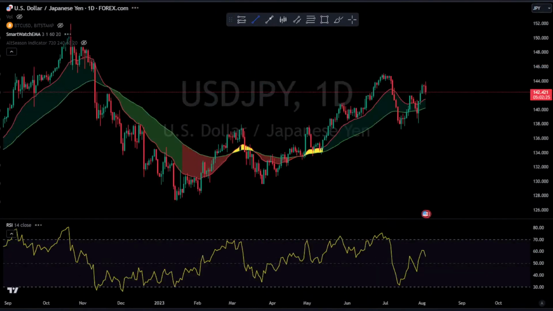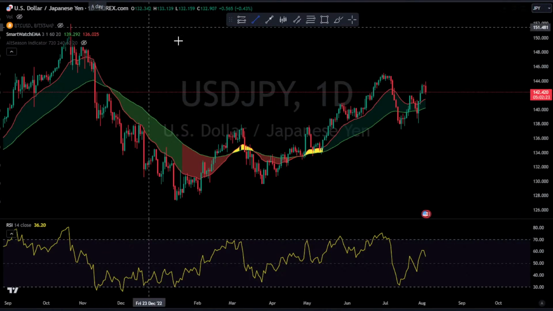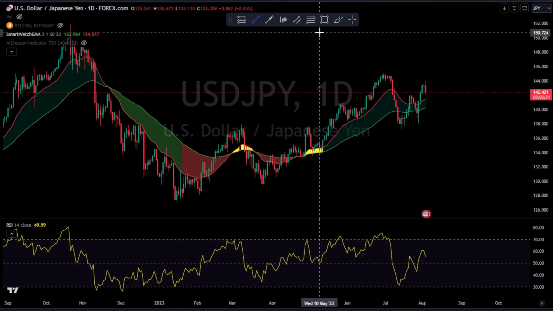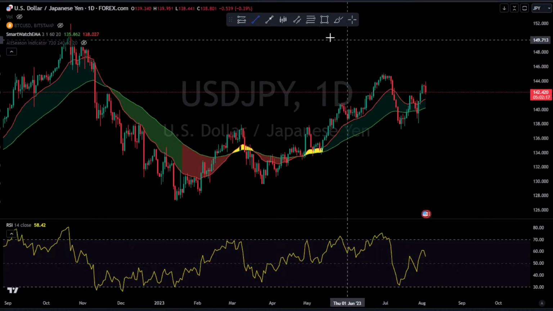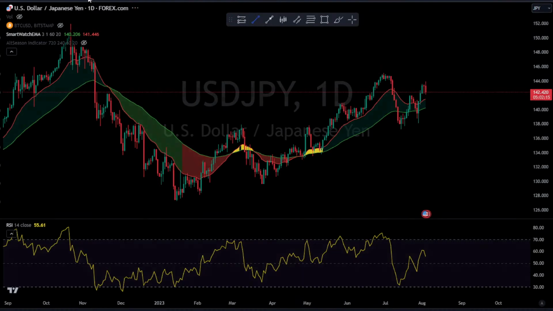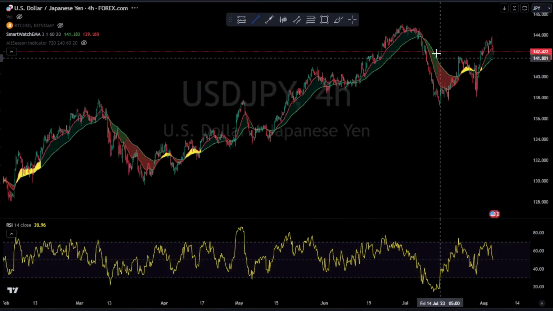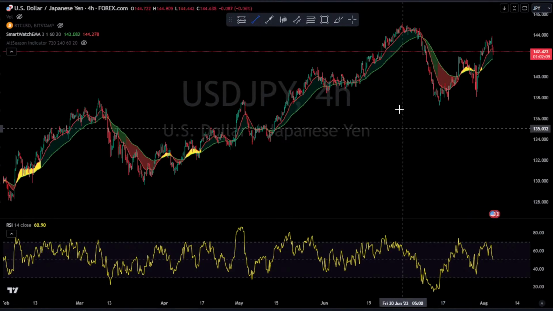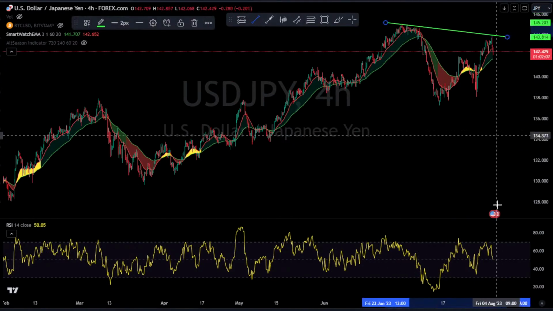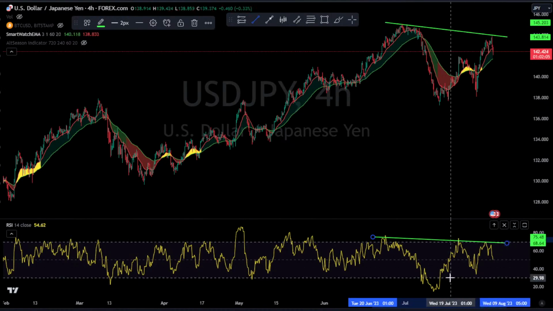And now to zoom in on the daily, that's a bearish divergence. It isn't very strong. Let's zoom in and zoom in again. What I'm looking for now is, I'm eyeballing back and forth to see, is there a bearish divergence?